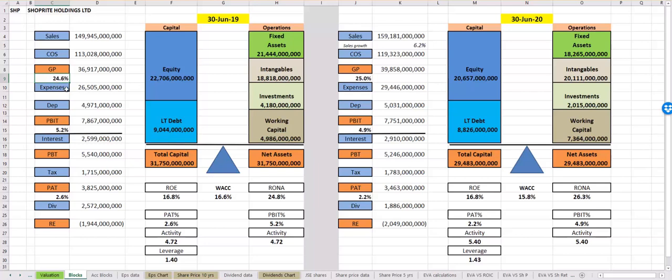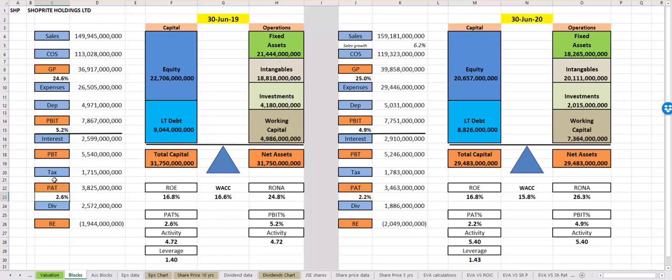All right, so the gross profit for Shoprite in 2019 was just under 25%. By the time we get down to operating profit level, that's 5.2%, and then at profit after tax, it's 2.6%.